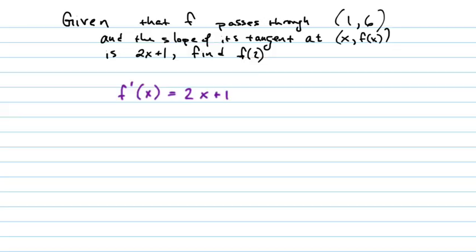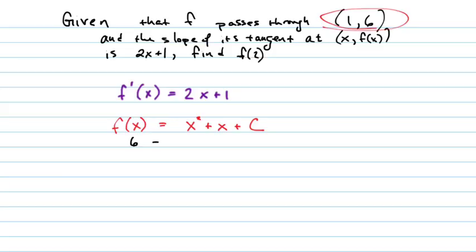Okay, what is the antiderivative for this function? Let's just start with the general antiderivative. What is it? X squared plus x plus c. Good. So then in order to find the particular antiderivative, we plug in the point that f must pass through.